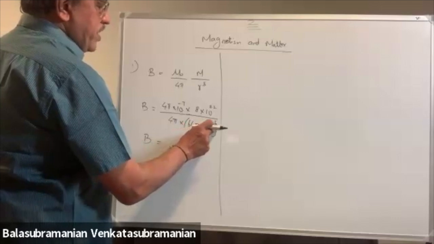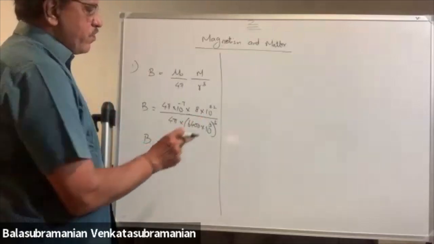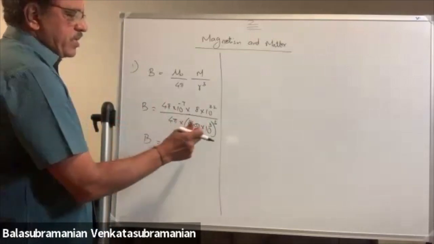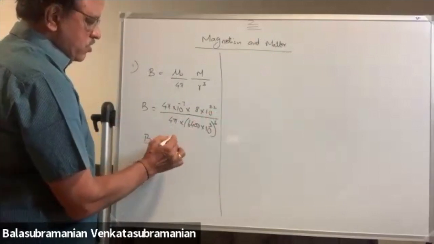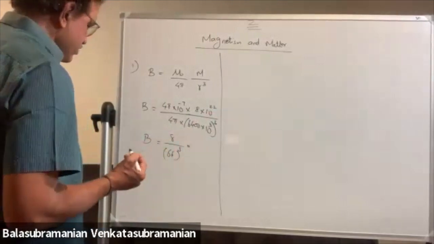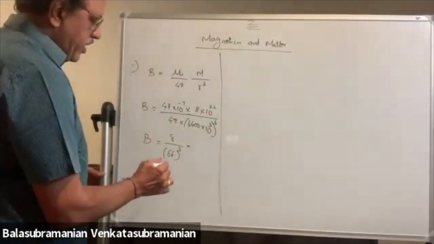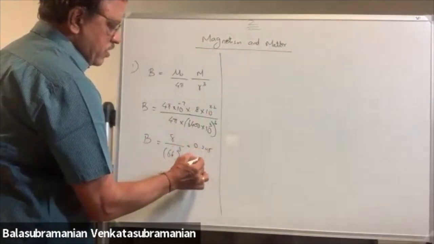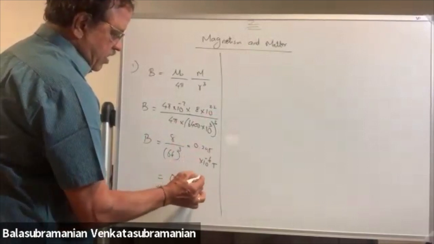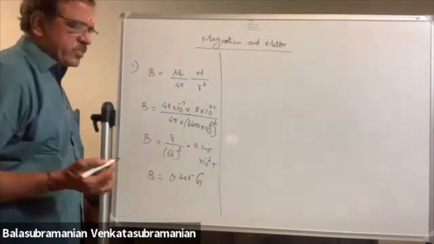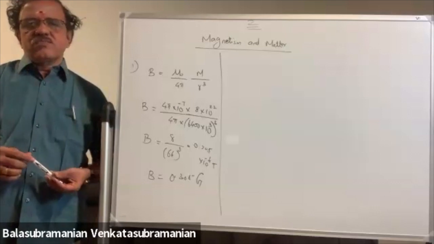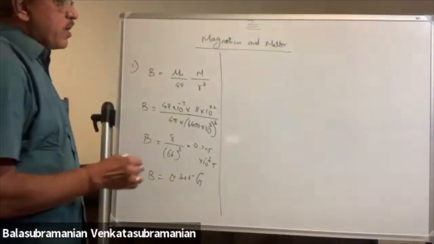This is 10 power 5 the whole cube, 10 power 15. 22 minus 15 is 10 power 7. So 8 by 64 cube, that is 0.305 into 10 power minus 4 Tesla, or 0.305 Gauss. 10 power minus 4 Tesla is 1 Gauss. Okay. This is the first problem.